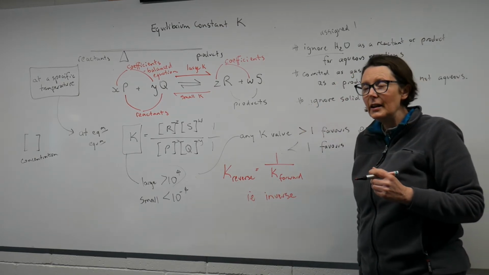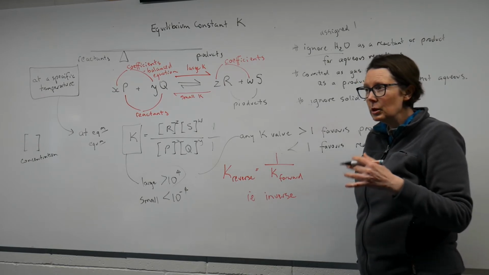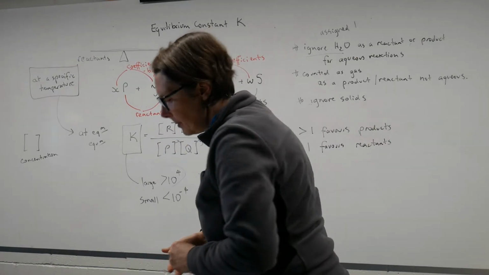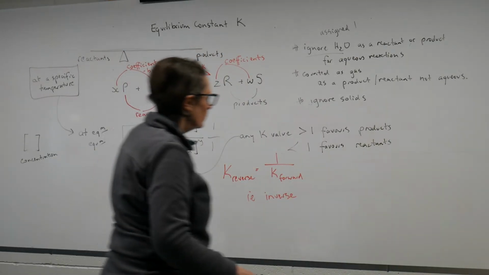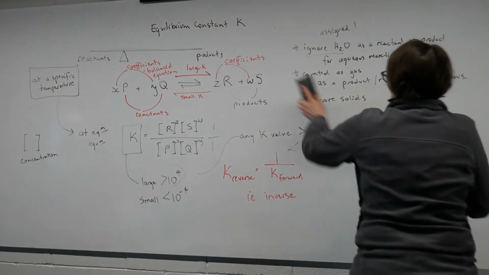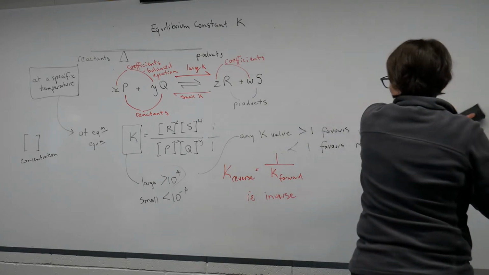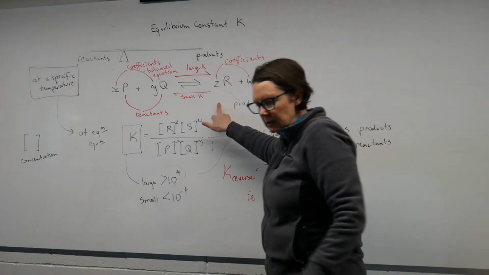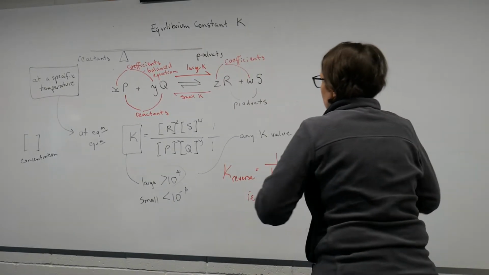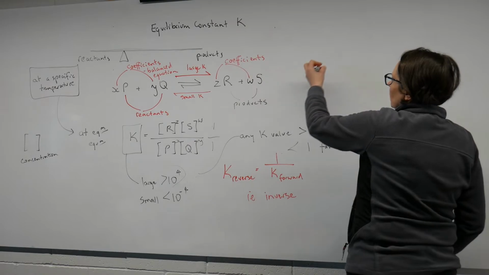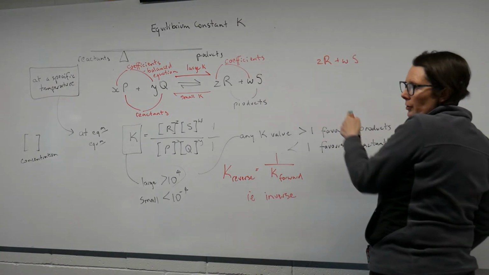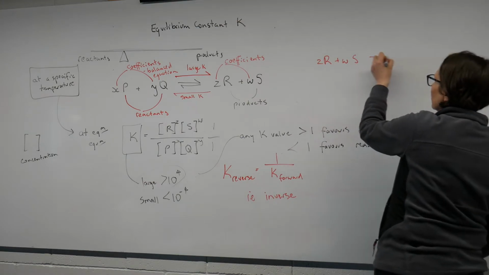And hopefully that should make sense, because what are we really saying? If I rub out a little bit of stuff here. What we're saying is, if we're doing the reverse reaction, then we've got R to the Z and W to the S on the reactant side, haven't we?